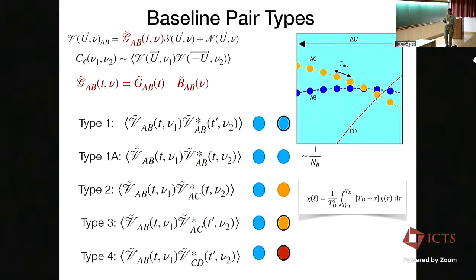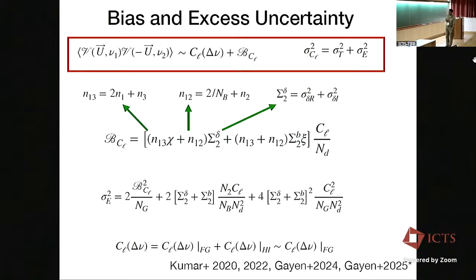The calculations, you may look at the paper, I will not go into the details. But with all these simplifying assumptions and ideas, one can calculate the bias that we will get in the TGE and the excess variance. So this is the excess variance which adds to the thermal noise.